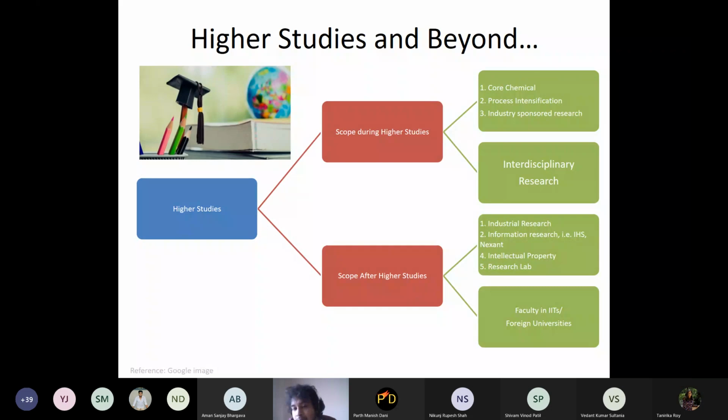Then we have information research. As I mentioned, like my friend at IHS or Nexant. IHS or Nexant do market analysis of data as well as technology. When IHS says a particular polymer cell will reduce because we are watching more Amazon or Netflix or Hotstar, it looks surprising if we suddenly hear this kind of statement.